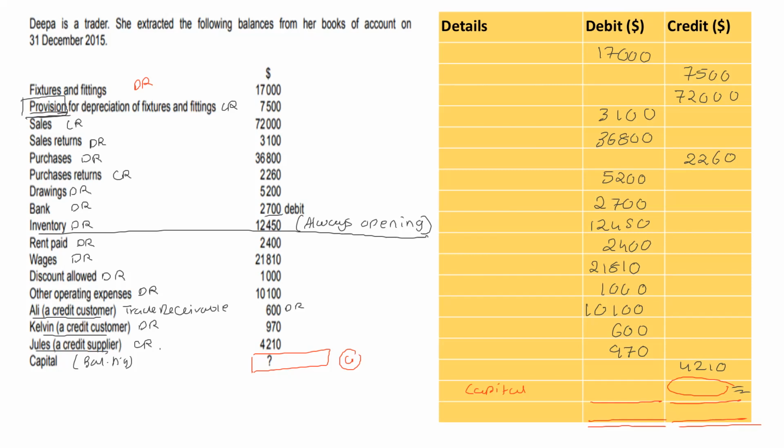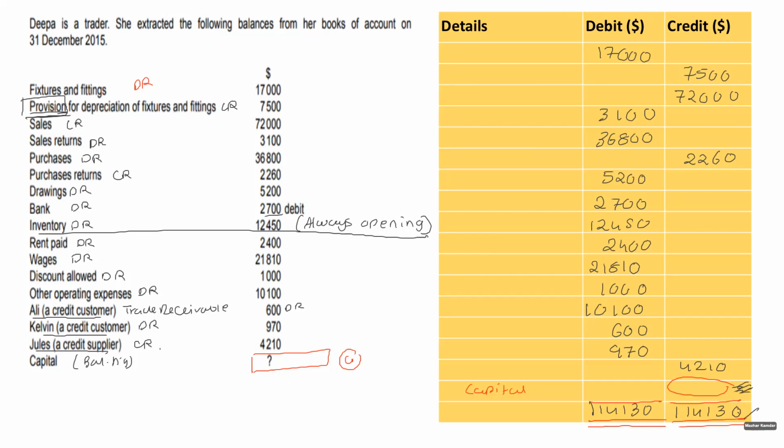The total of my debit is 1,14,113. The total of the debit and the total of the credit will always be the same. I wrote the same totals because I need to find this.